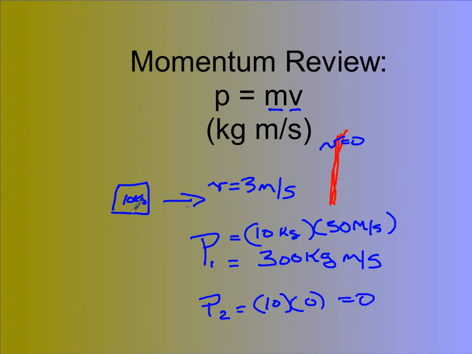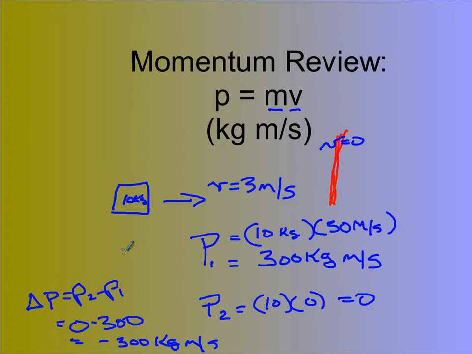So when my block hits the wall, it has a momentum of 0. We see we've had a change in momentum of, this is P final, or P2, minus P1, 0 minus 30, or negative 30 kilogram meters per second.